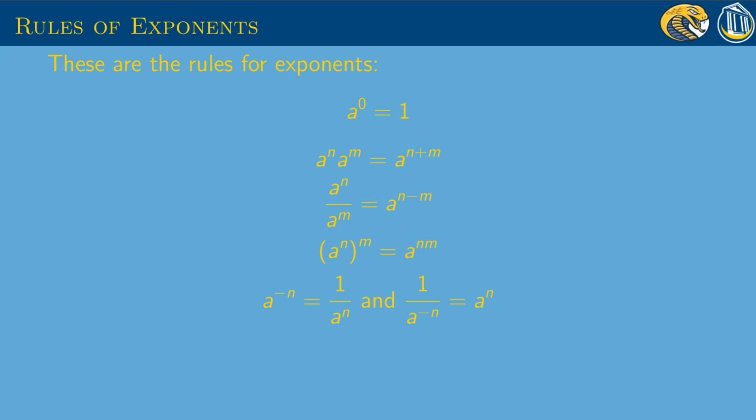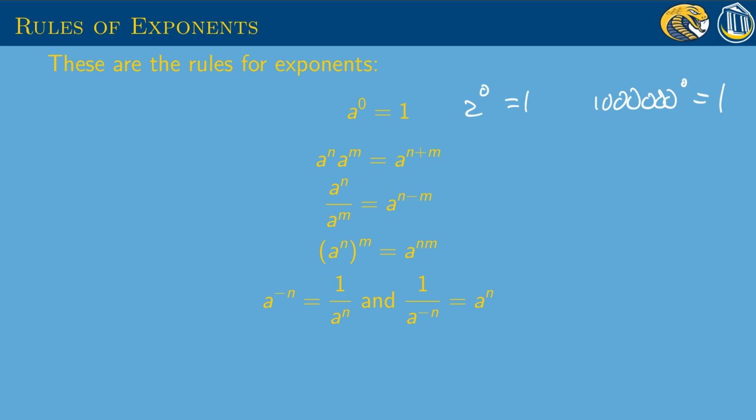When we're dealing with exponents, we have a number of very important rules that you should remember. For example, anything to the power of 0 is 1. So that means 2 to the 0 is 1. 1 million to the 0 is 1. And you can think of this as something multiplying by itself 0 times is just 1.